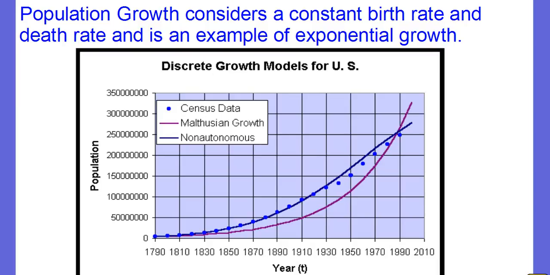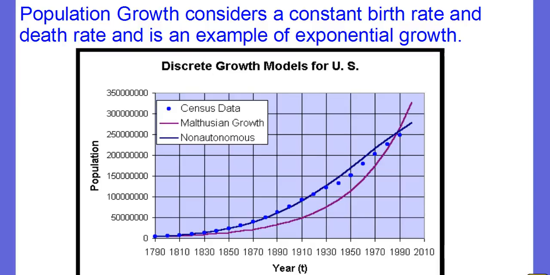Okay, and then we're going to be studying this purple line here that represents this model of exponential growth. So as you look at this model of exponential growth, you can see that it pretty much sits underneath the population trend, the actual discrete data, but it follows the trend pretty well.